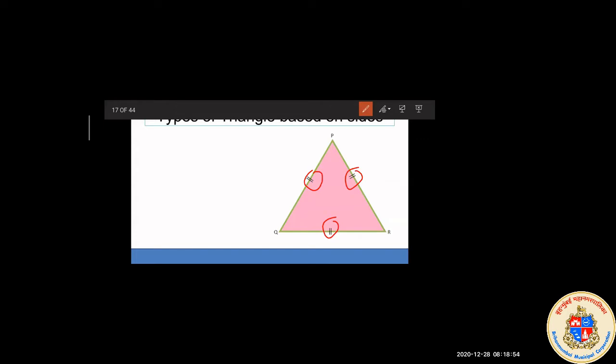These lines denote that all the sides of the triangle are equal. See, here are two lines, here are also two lines, and here also two lines. That means all three sides of the triangle are equal. If you have two lines, that means all sides are equal.